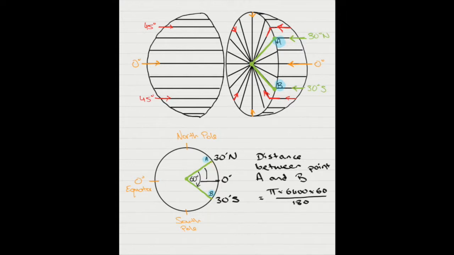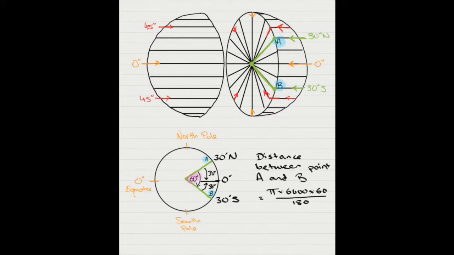If we continue our little equator line there, from point A down to the equator we have 30 degrees, that's what we're told. From point B up to the equator is another 30 degrees, because we're 30 degrees south.